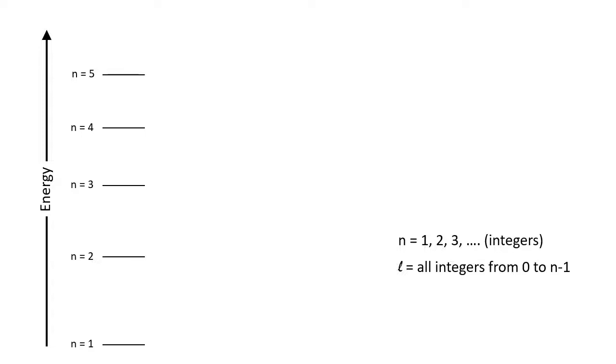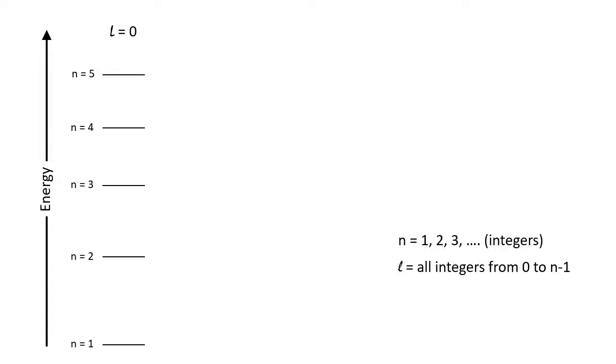So if we start with the lowest level, which is n equals 1, and go all the way up, we know that each level is going to have a possible sublevel of l equals 0. That's always going to be possible for every single level in the atom. For n equals 1, however, let's look at any additional l levels that might result. l equals 0 is good.